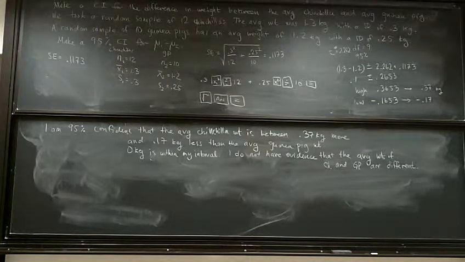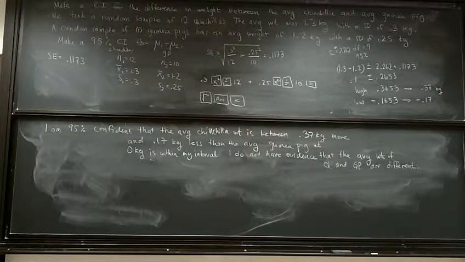Zero popped up from the fact that no difference means the difference is 0. If two things are the same, what's the difference between them? 0. So we're asking, do we have evidence that they could be the same, or do we have evidence that they're different?